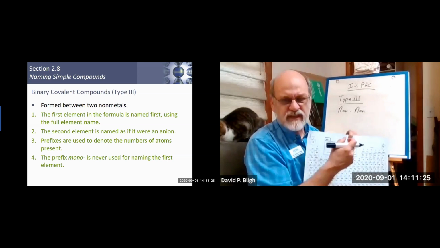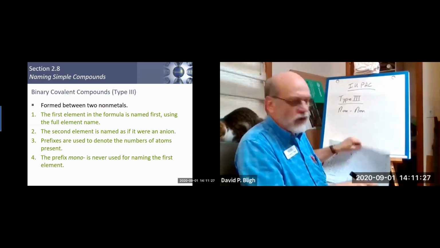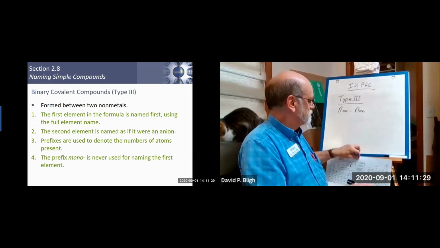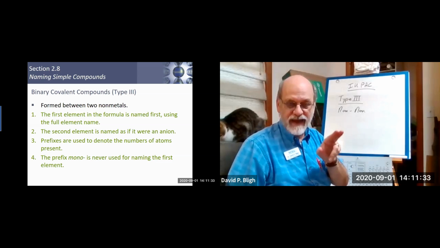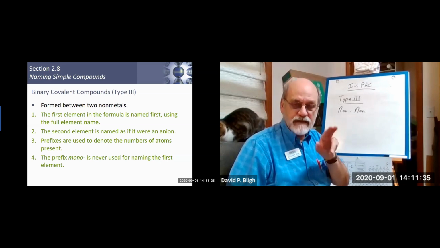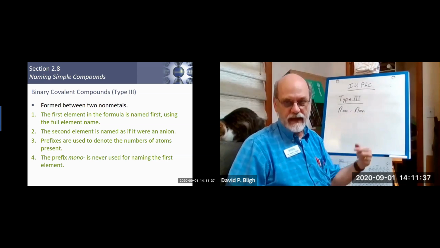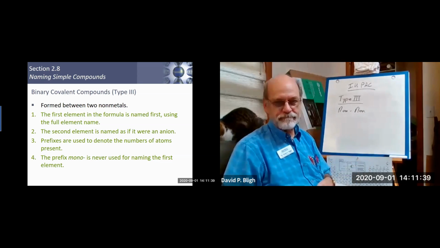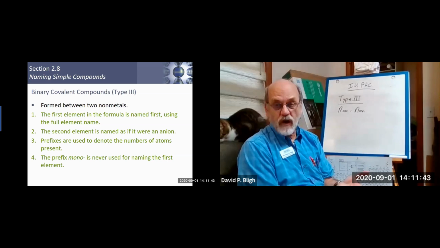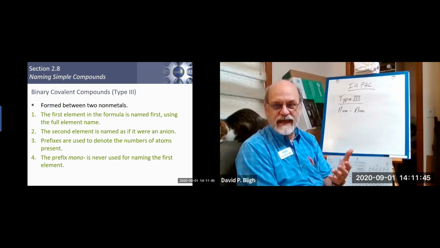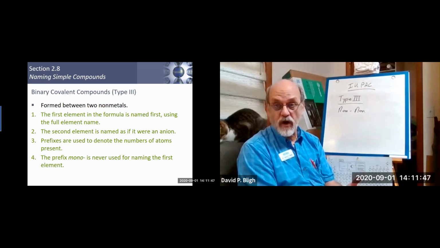That's not always the case, but most of the time it is. So you have 2 nonmetals, covalently bound, and we're going to name them as if they were cation anion. But since they are not charged, then the name is going to say how many there are of each one.